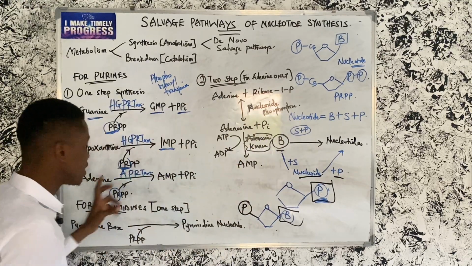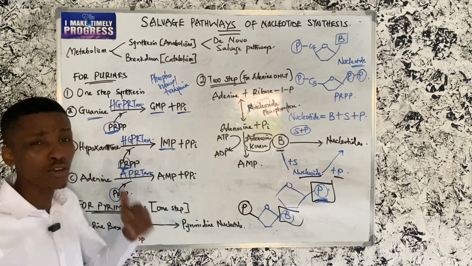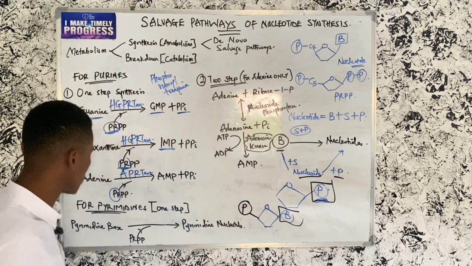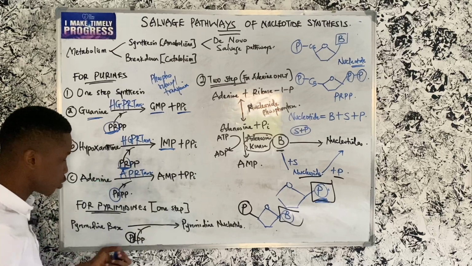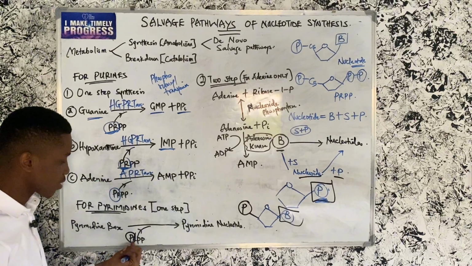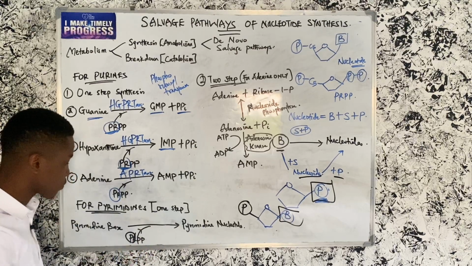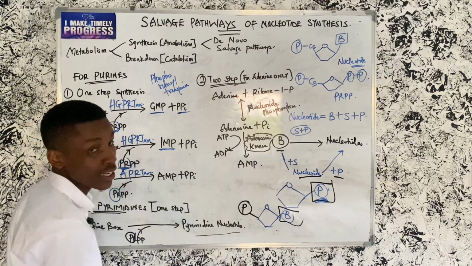Pyrimidines have only one-step synthesis, in which no matter the pyrimidine, you can think of cytosine, think of thymine, think of uracil, one thing will always be common: you always donate PR. You transfer phosphoribosyl from PRPP. You give it to them, and they will always form their nucleotides.